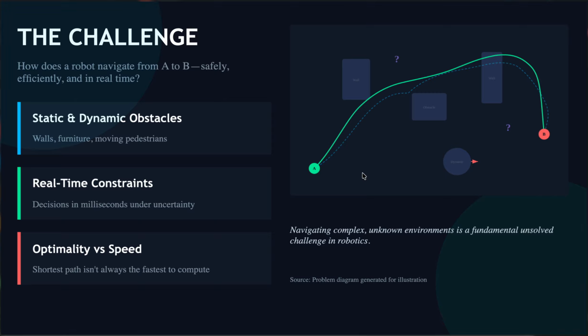As the name suggests, a few of these obstacles are going to be fixed. In comparison, there are also going to be obstacles that are moving and dynamic, for instance, pedestrians. And then there are also going to be real-time constraints, so the robot will be forced to make real-time decisions while moving, and then there will be optimality versus speed.